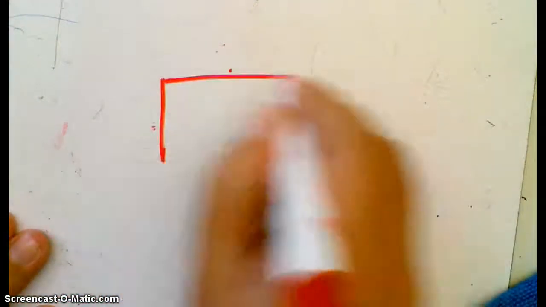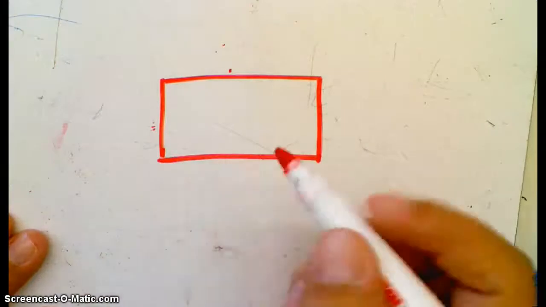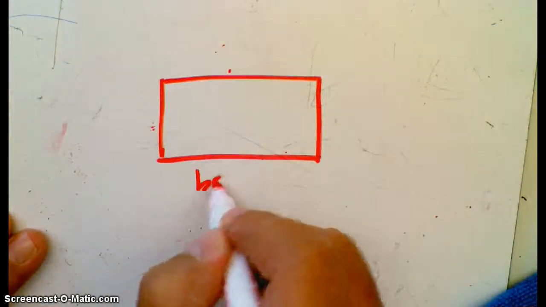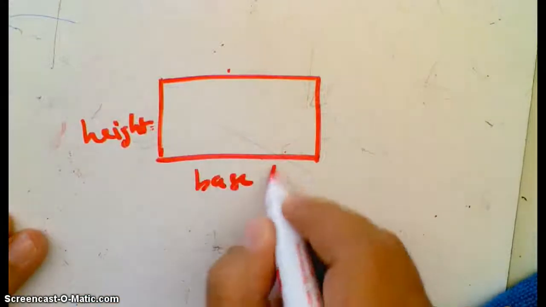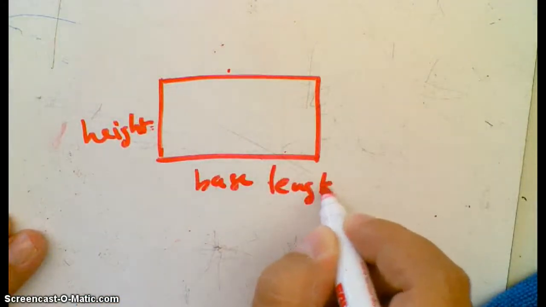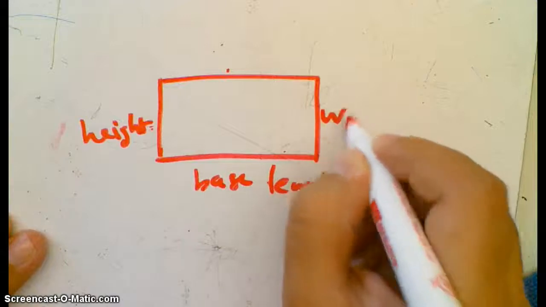Now let's say that I have a rectangle. In a rectangle, you can call the sides whatever you want. You can call it base and height, or you can call it length and width.